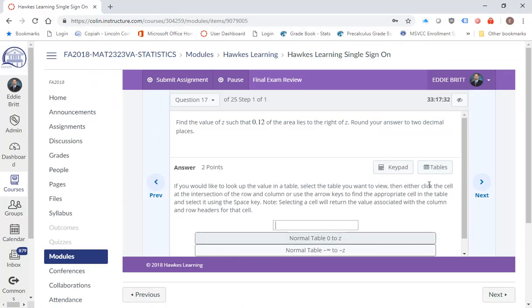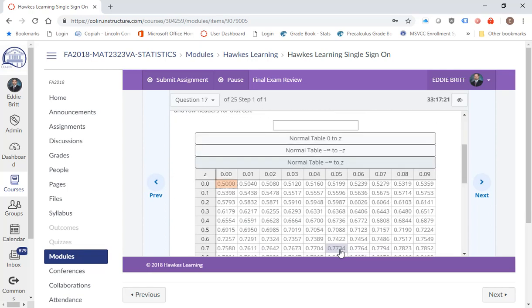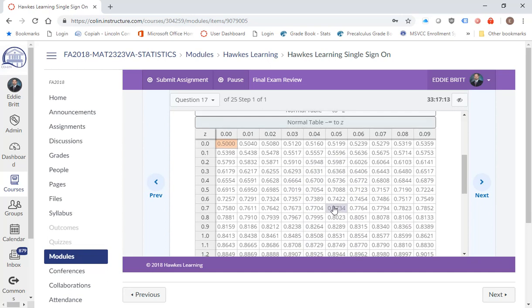All right, so let's see. If I had to guess, I'm going to say that was on the right side, so that should be a positive z. All right, so we're looking in here as close as we can get to 0.88. And that'll be our z-score. 0.86, 0.87.